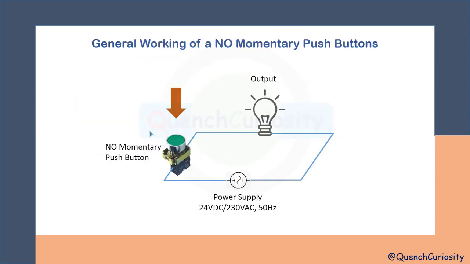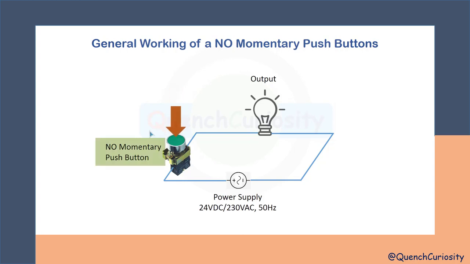Now we know there are 2 general types of switches, that is, momentary push buttons and toggle switches. Let's spend some time to understand the working of push buttons. In this slide, you can see the general working of a NO momentary push button. Here we will see how a NO push button makes and breaks the circuit.